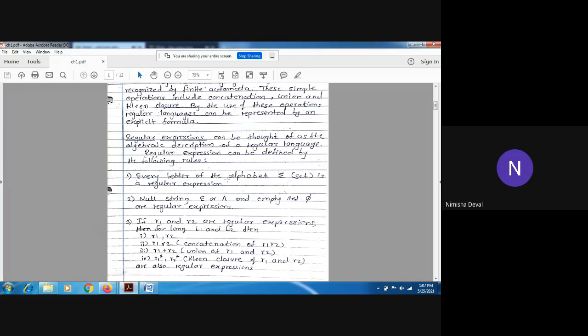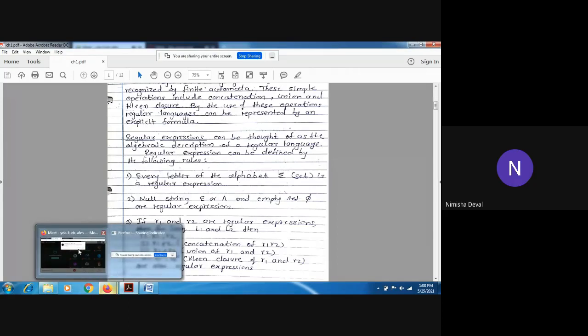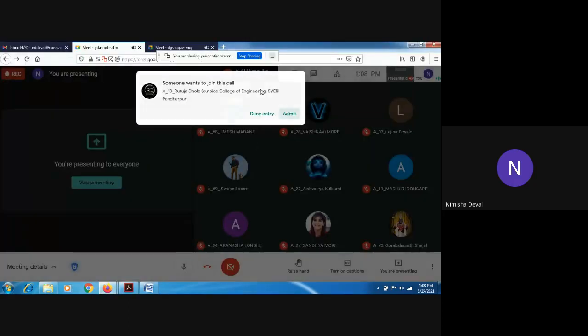So the main three rules are what? Every letter of the alphabet set is a regular expression, meaning each and every character as well as the null string. We can represent it with the help of epsilon as well as the phi symbol.